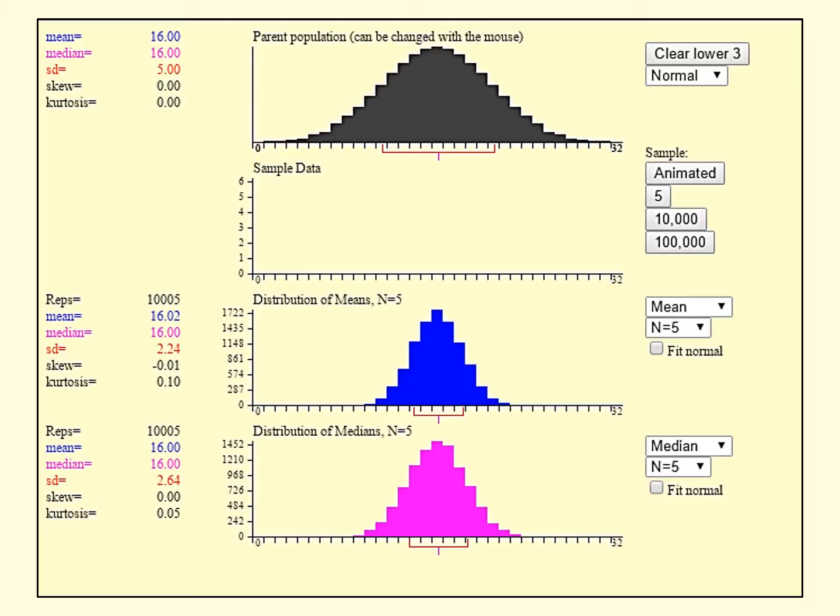And you can see here, I hope, that what you get is a distribution that's kind of a mound. It looks vaguely bell-shaped, and it looks sort of like the population distribution above it in the picture. What's important here, I hope you notice, is that the centers of these sampling distributions for the mean and for the median are lined up beneath the center of the population distribution.